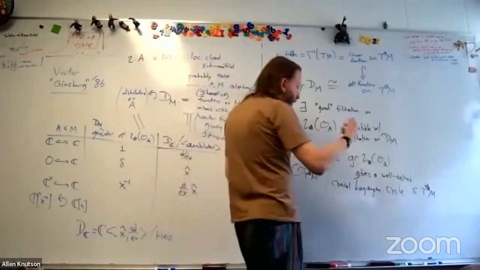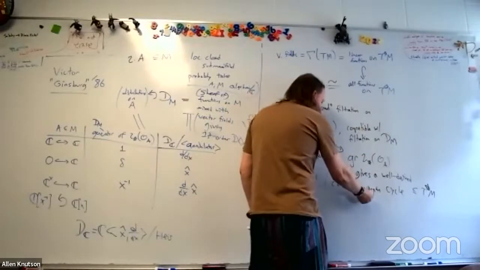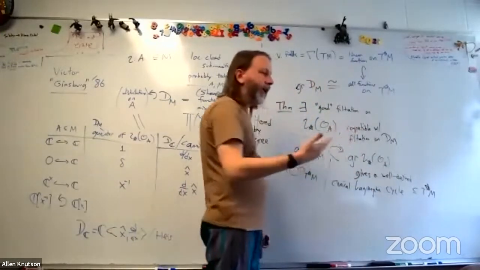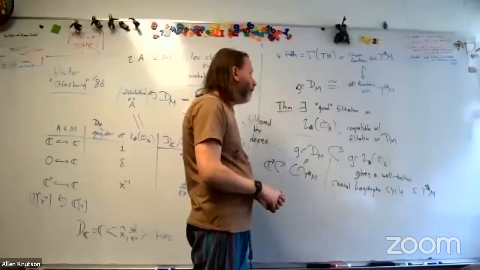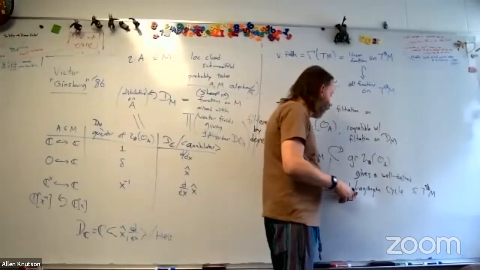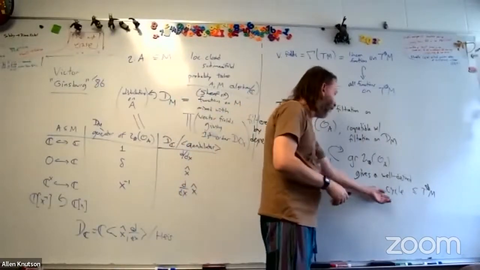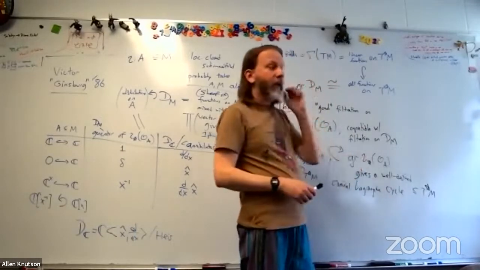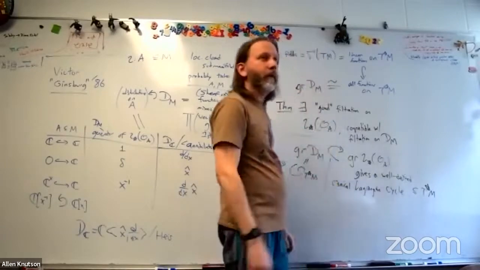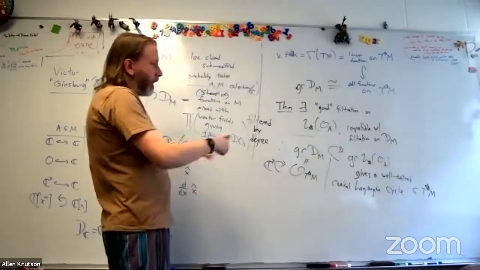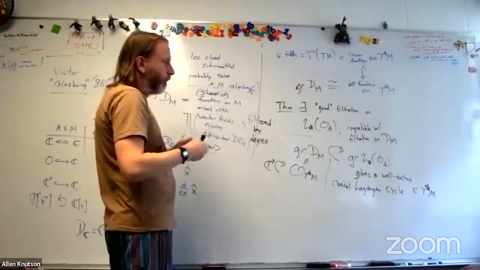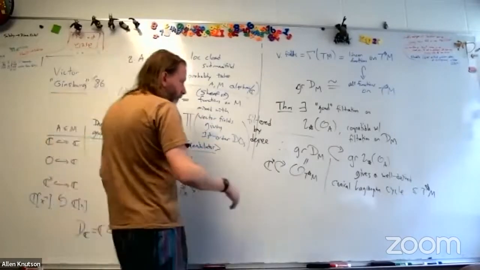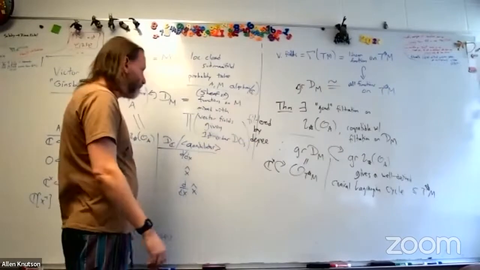Once you say you're thinking about a Lagrangian and something conical, if you also say irreducible, then actually such a cycle in the cotangent bundle is determined by its intersection with M. So conical Lagrangian cycles, they're not so different from subvarieties of M. There's somehow the same amount of both.